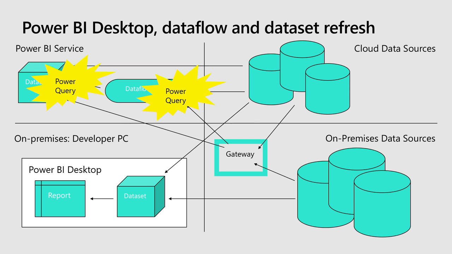So that's the second place where our Power Query engine lives. The third place is inside the gateway. When you get data from a gateway, the Power Query engine sits inside the on-premises gateway and does work there. So we've got 3 different places where the Power Query engine lives and does work, 3 different places for things to go wrong.